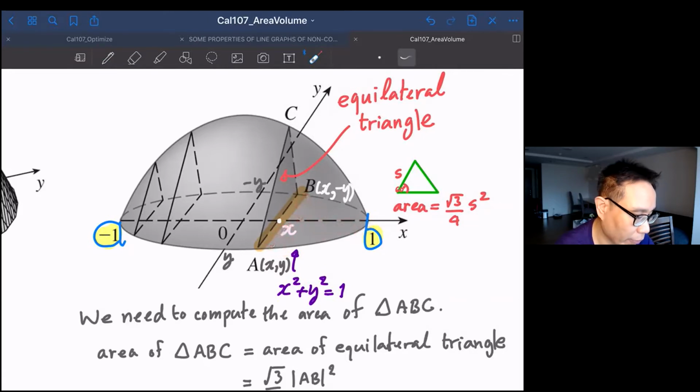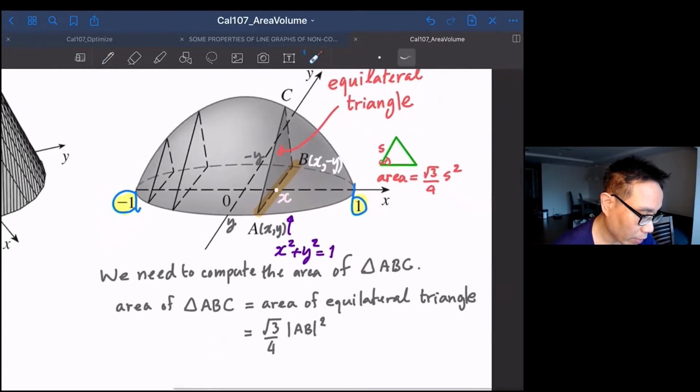Or you can just find the distance from y to negative y, y minus negative y, which also equals 2y. So you can see that in two ways.